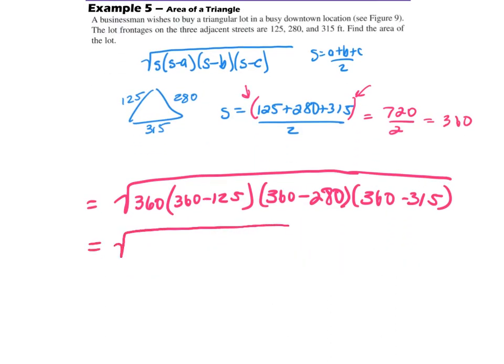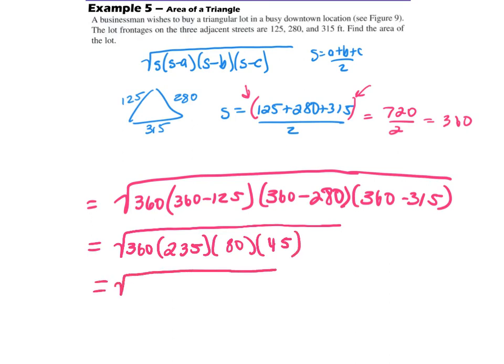So if you did make a mistake somewhere, I can look back and see that it's just a simple calculator issue, not a concept issue. So I would say 360 minus 125, and I get 235. Then I have 360 minus 280, and I get 80. And then I have 360 minus 315, and I get 45. You guys with me?